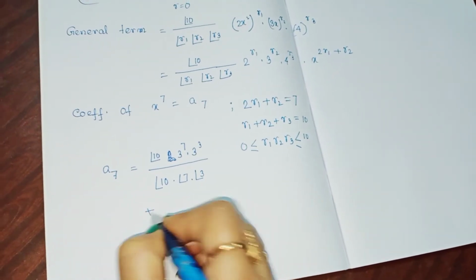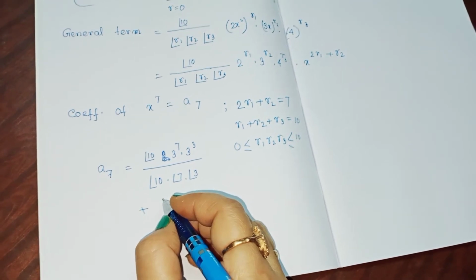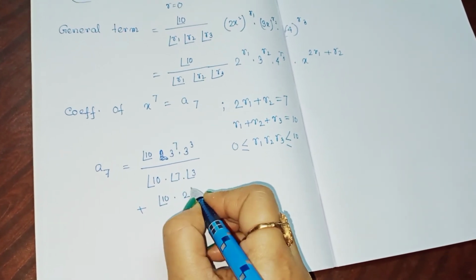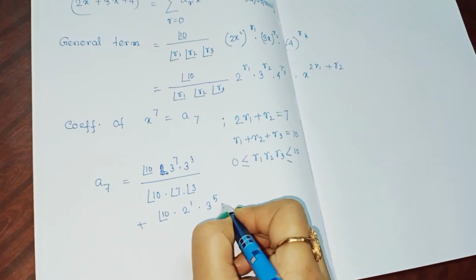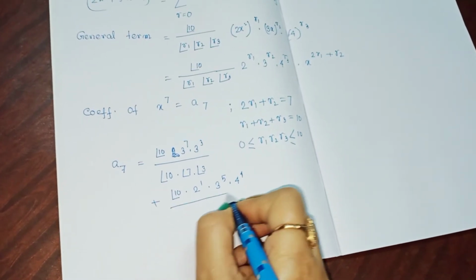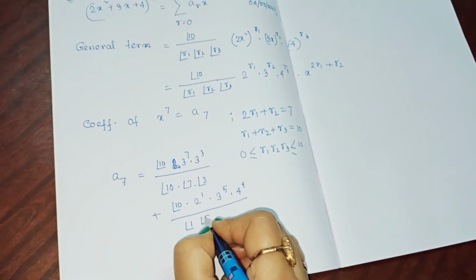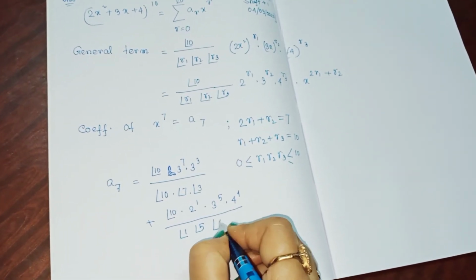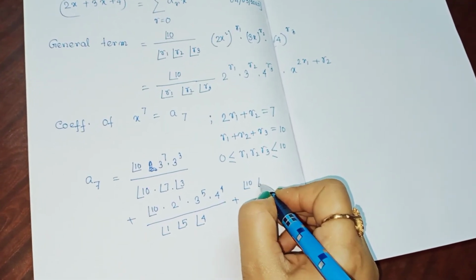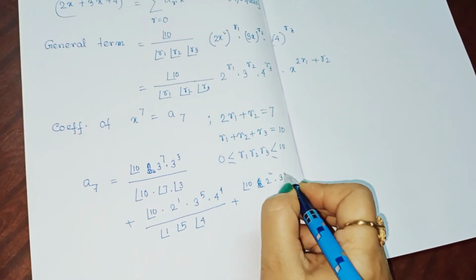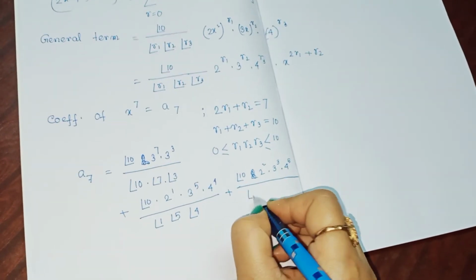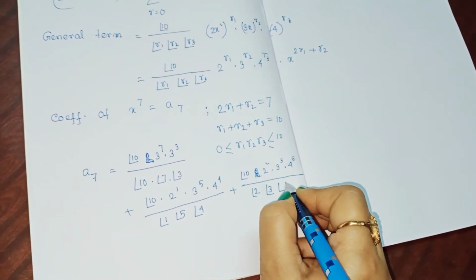Plus another one, also 10 factorial into 2^1 into 3^5 into 4^4 divided by 1 factorial, 5 factorial, 4 factorial. Then 10 factorial into 2² into 3³ into 4^5 divided by 2 factorial, 3 factorial, 5 factorial.